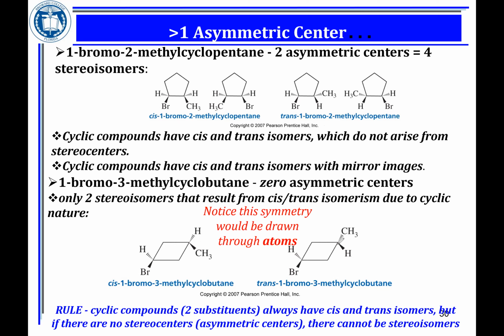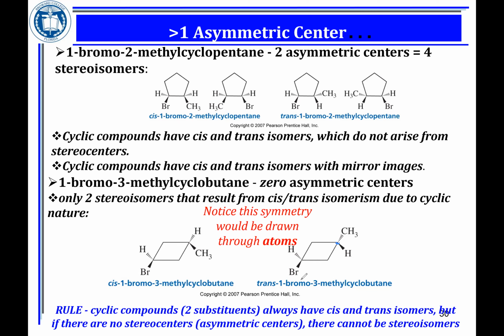If you have asymmetry or a chiral carbon, then you could talk about the mirror image and the enantiomers. But if there is no chiral center in a cyclic system, enantiomerism does not apply.